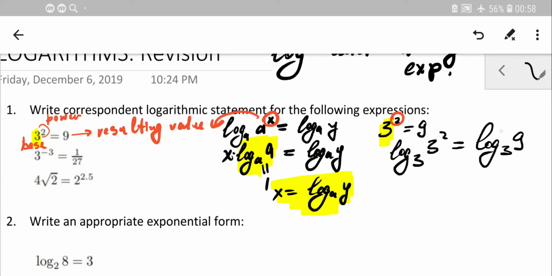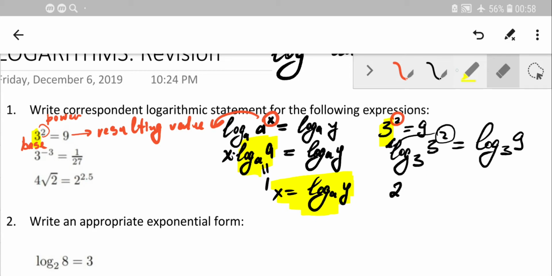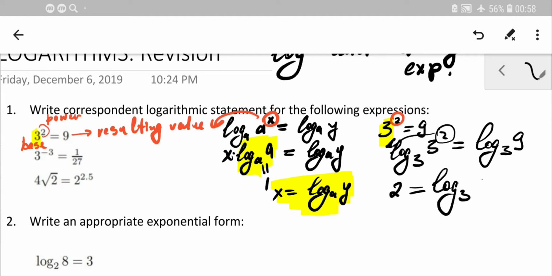Now we put that power in front of the log, so we multiply this 2 by log 3 of 3. Log 3 of 3 is always 1, so we just put 2 in front. This is the shortcut, and 2 equals log 3 of 9.